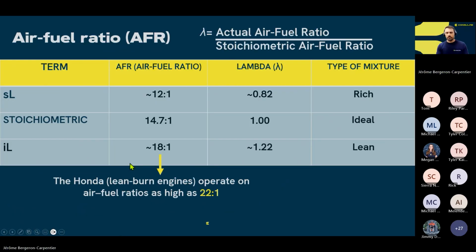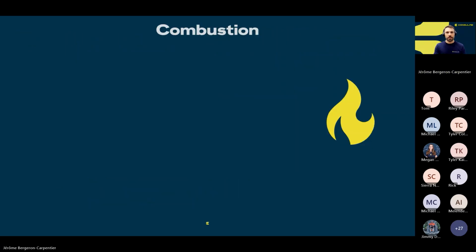So how can those types of engines, Honda for example, make it possible for a 22 to 1 ratio to create combustion inside the engine?